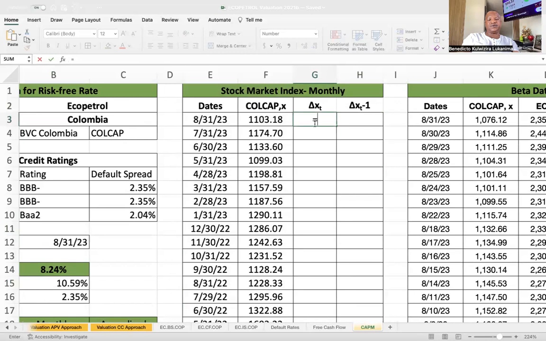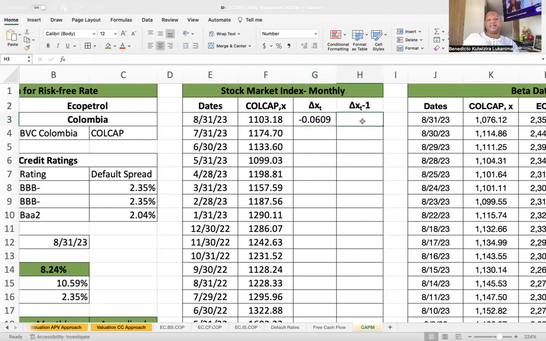And therefore that should be equal to current minus previous divided by previous. I'll put it in percent. It doesn't matter. In the end, the result should be in percentage. This one will be applied to calculate the arithmetic average.